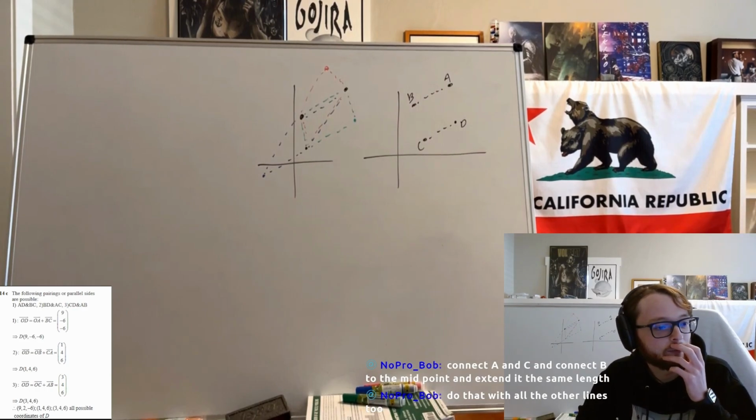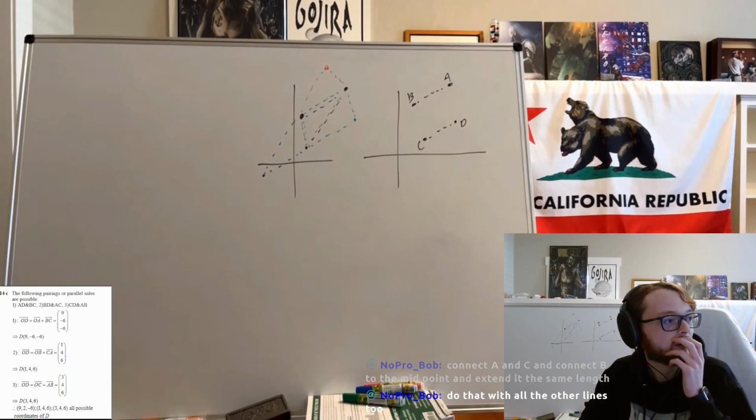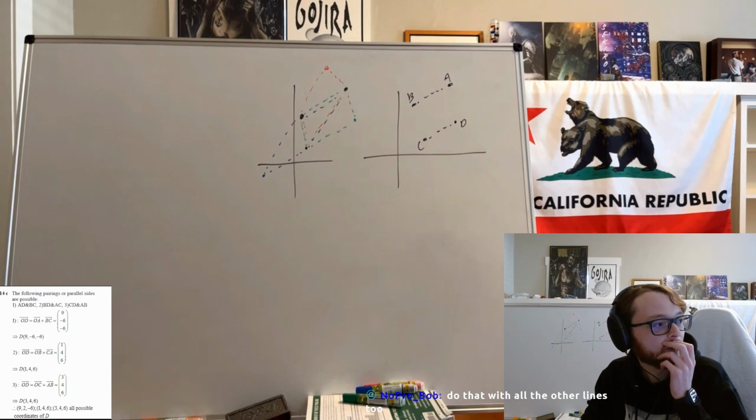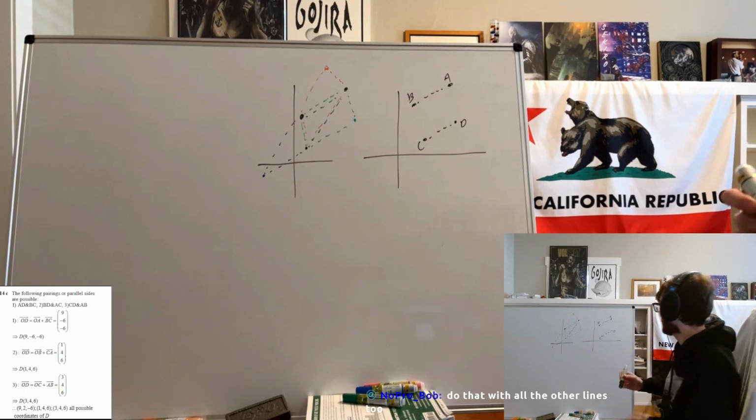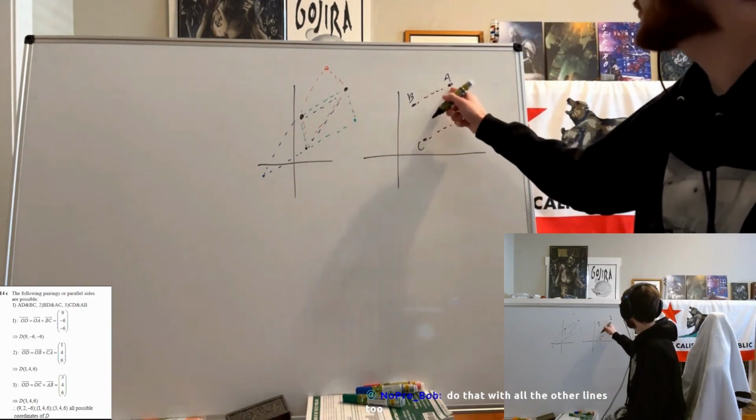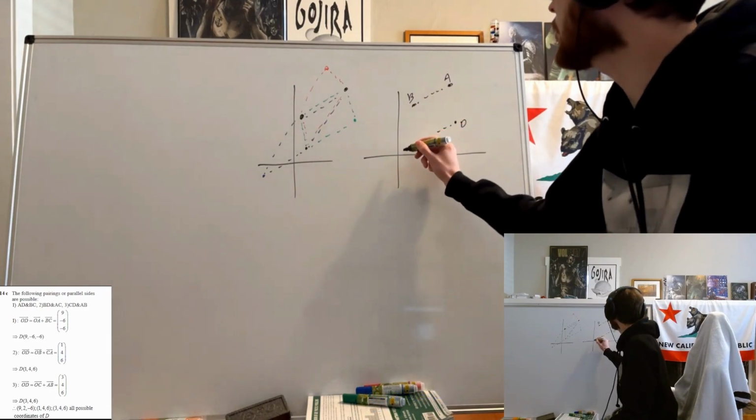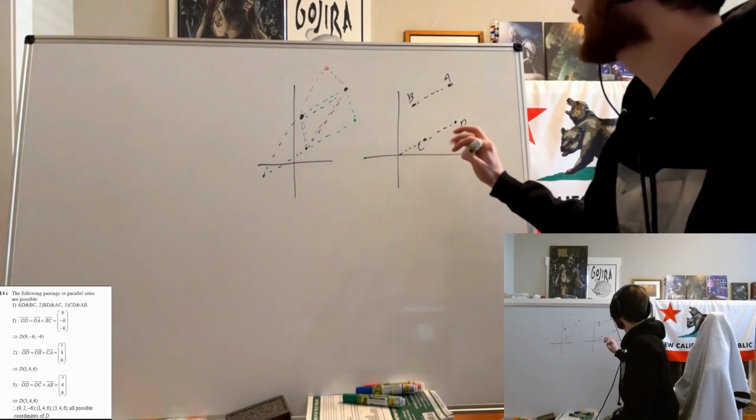Do OC plus BA to get OD. OC plus BA, that sounds like it would be true. Oh yeah, because these sides have to be the same length. So yeah, okay. Oh, I see.